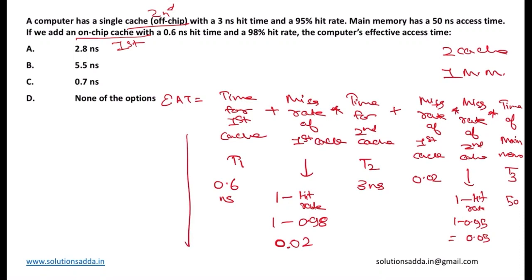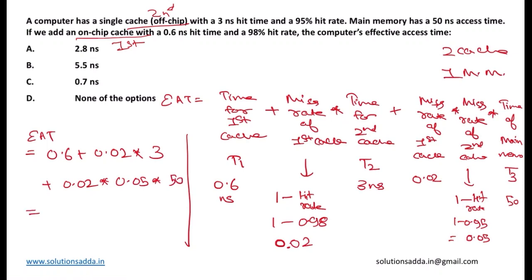So putting all this in the formula, effective access time will be T1, that is 0.6, plus miss rate of the first cache, that is 0.02, into time for the second cache, that is 3 nanosecond, plus 0.02 into miss rate of the second cache 0.05 into 50, that is time for main memory.